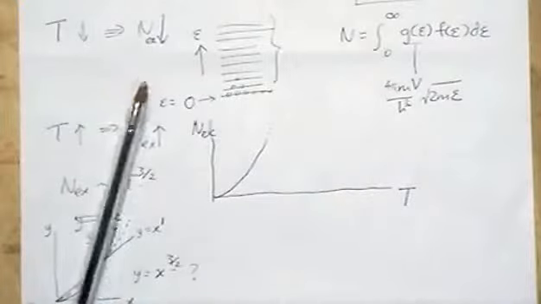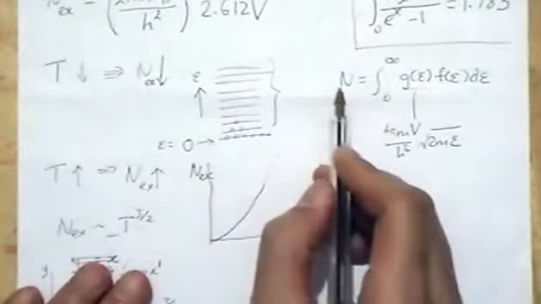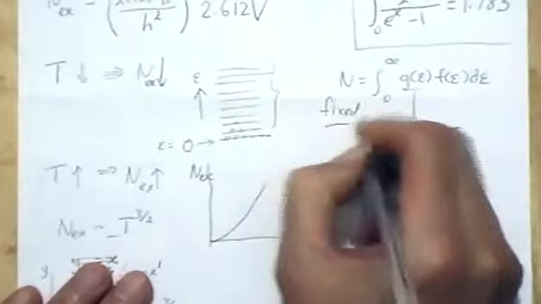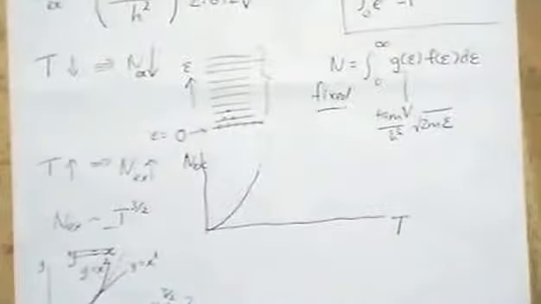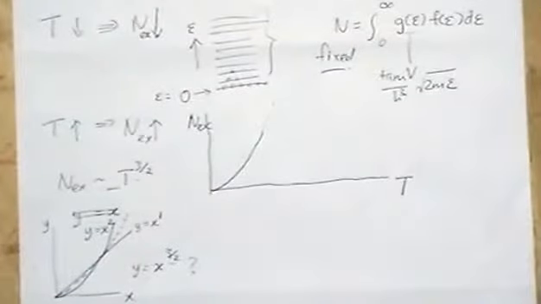Now if you remember, N, our number of particles, is fixed. We have a fixed number of bosons, or in this example, helium atoms, that we are thinking of.